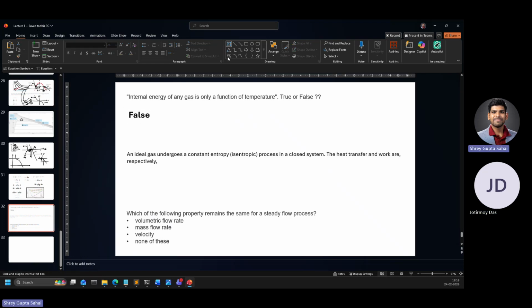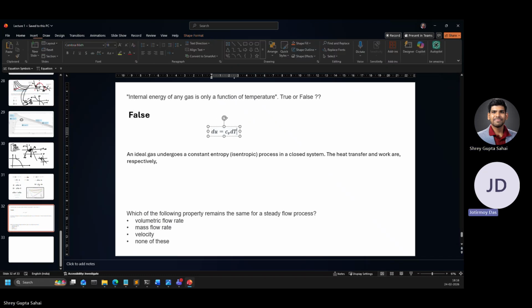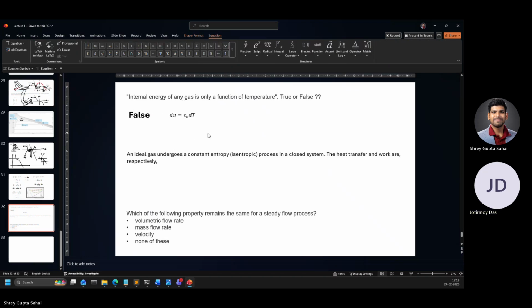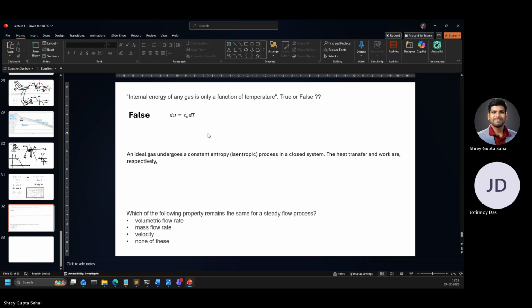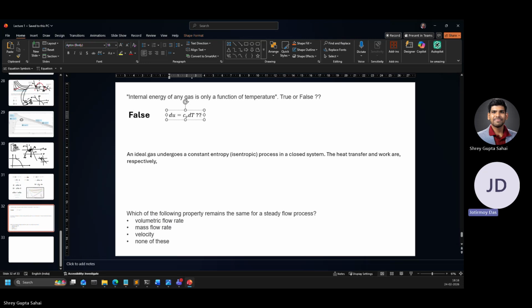Okay, tell me this. Can I write this? U equals to C. Can I write this? dU is equal to CV dT.